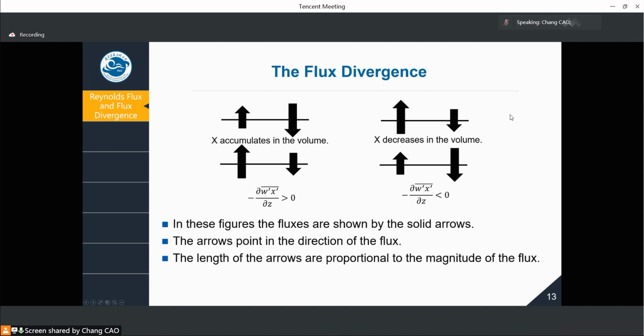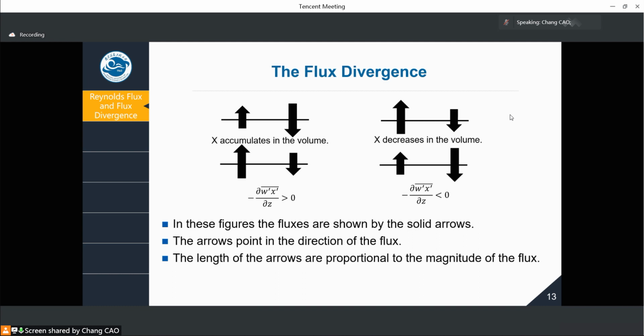Also in the last class, we learned that the relationship between the Reynolds flux and the gradient usually has an opposite sign. We got this because X prime has a negative relationship with the gradient. This is the most important thing we learned in the last class.